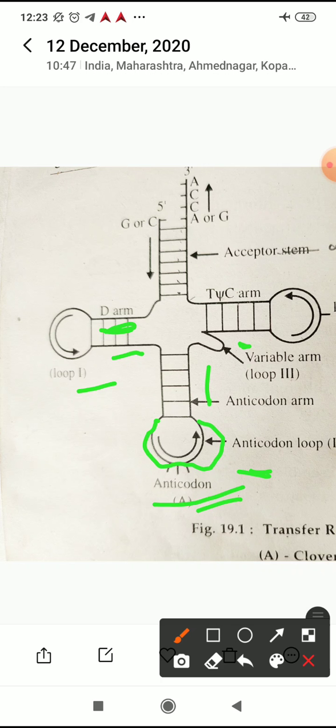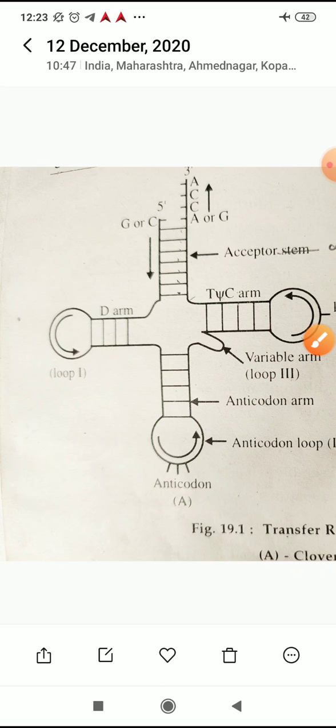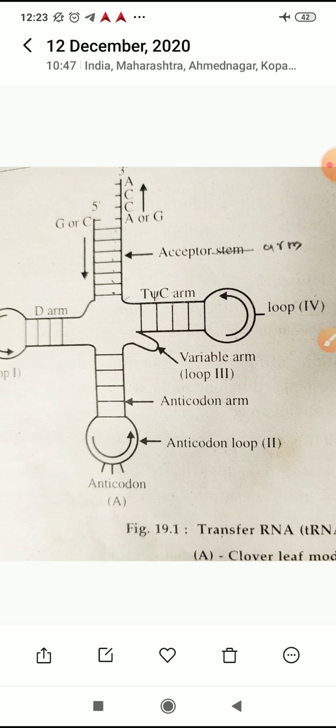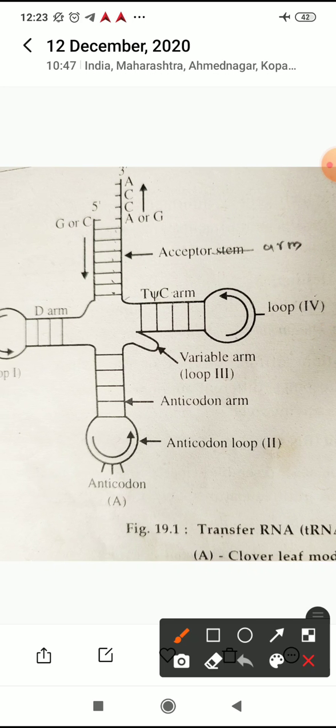We are going to see the details later in the discussion. After loop 3, there is loop 4. See this loop 4, and then the acceptor arm, which ends here somewhere, and the specific sequence of bases at 3 prime end.